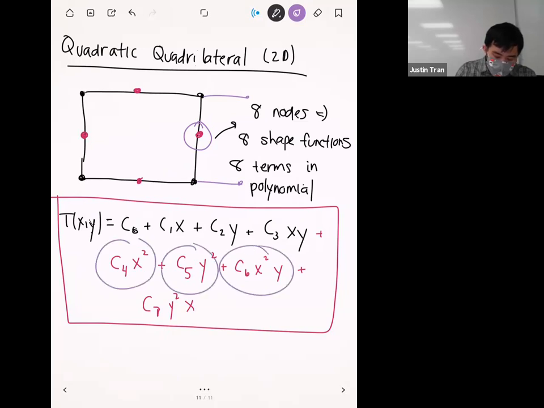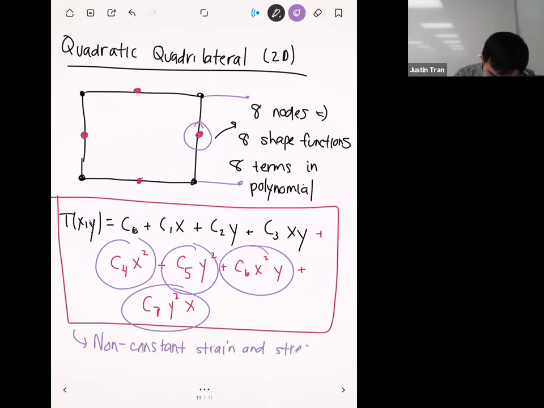So one other thing I want to highlight about this element compared to the linear one is going to be all the quadratic terms, right? Okay. I guess I did need to circle them because they were already in different colors, but it's okay. All right. And so the main benefit that we get from these quadratic terms is that we get non-constant strain and non-constant stress. Okay. Right.